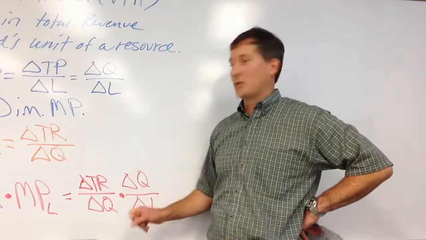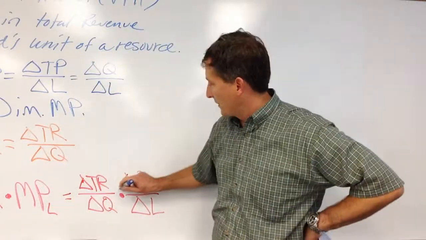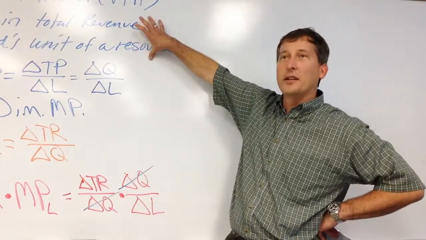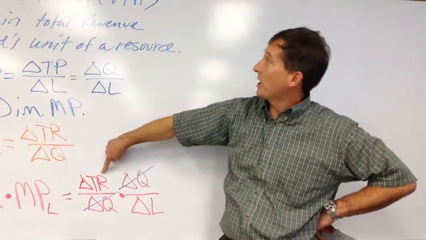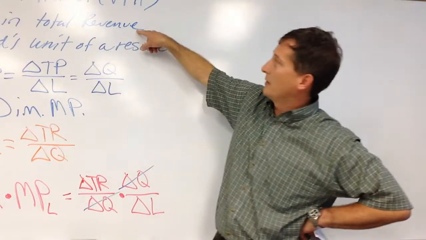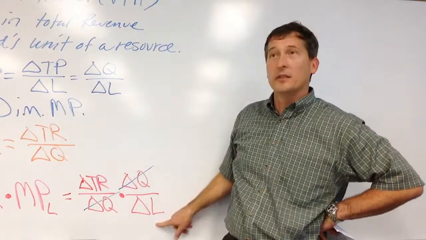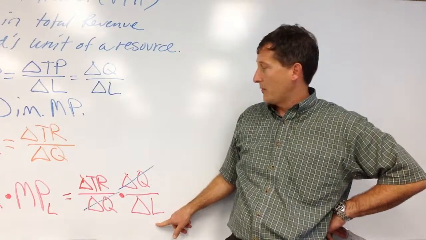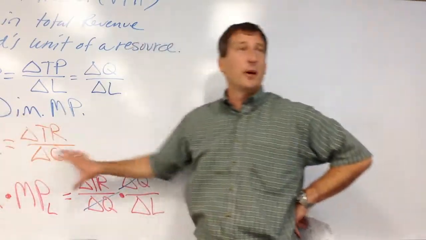The change in Qs cancel. We don't have to totally obliterate them, but check it out. It tells this definition: the change in total revenue from an additional unit of labor. By putting those two together, we've got the value of the marginal product.